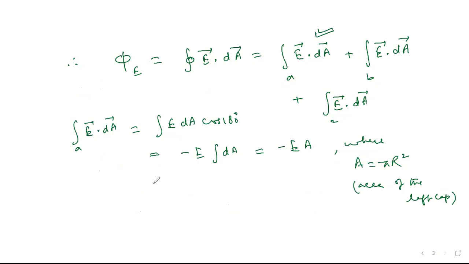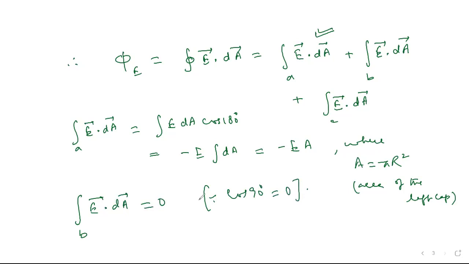What about the curved walls? That is integral B of E dot dA, which is 0 because cos 90 degrees is 0.